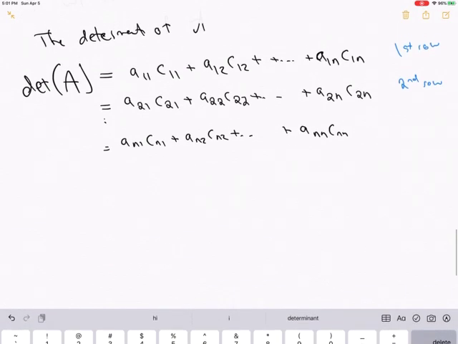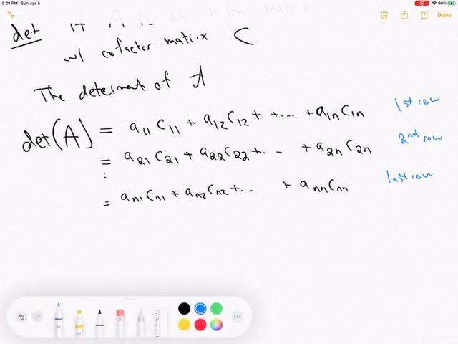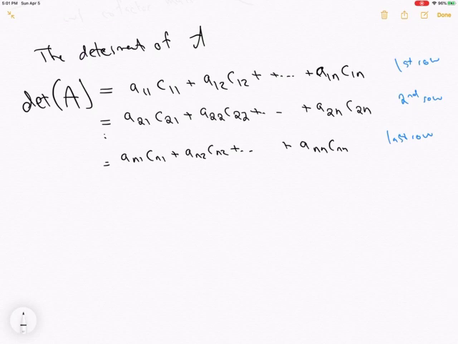So this is like doing the nth, the last row. But you can pick any row you want, and there's a reason that we want to draw attention to this, because oftentimes it's convenient to pick a good row or a good column to expand across.